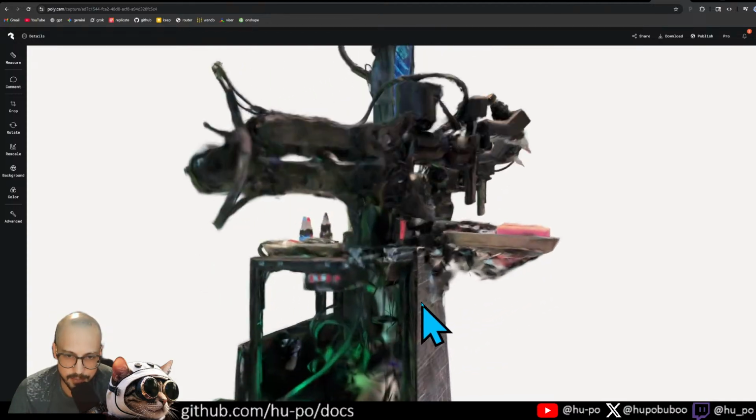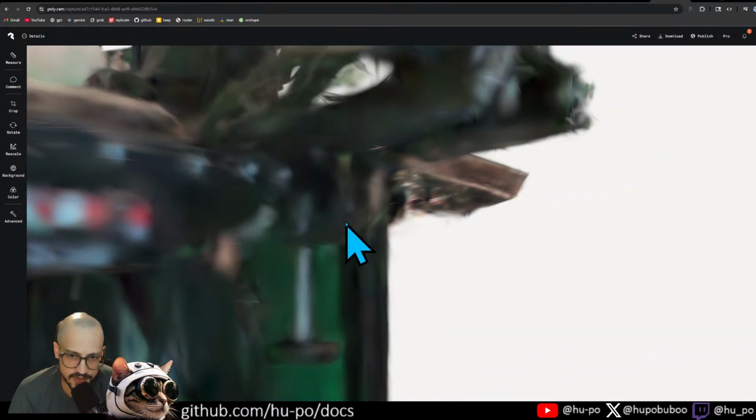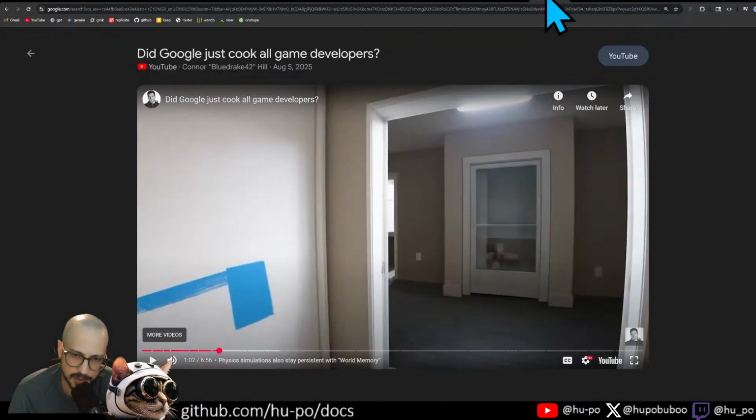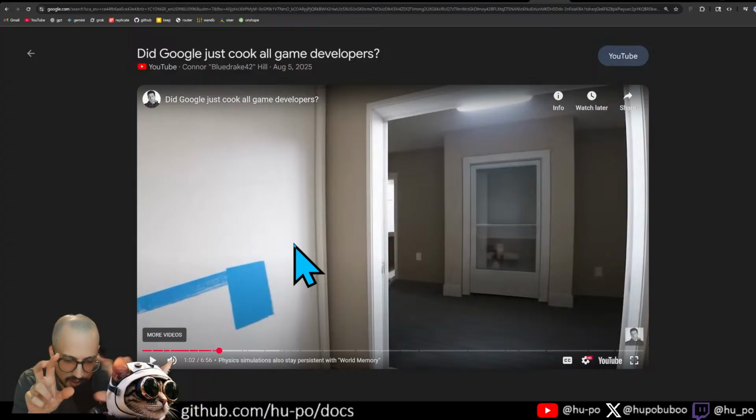You can see here how this is explicitly storing information in 3D space using these splats. So some people have said that maybe there's an element of that here, where the Genie 3 model is more like a combination of a model that continuously updates this 3D splat.